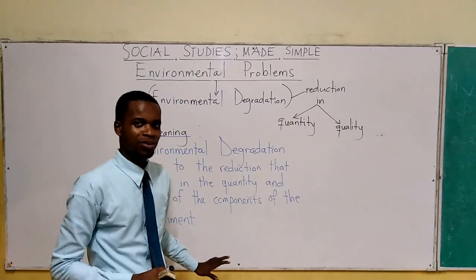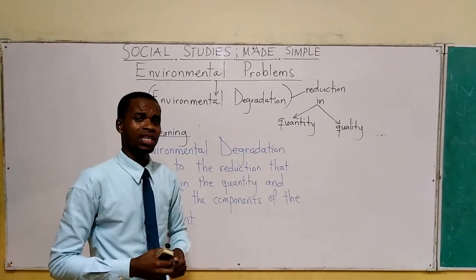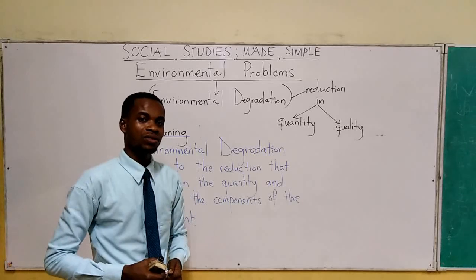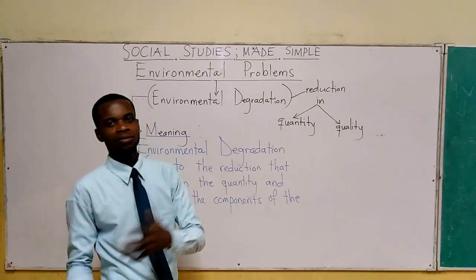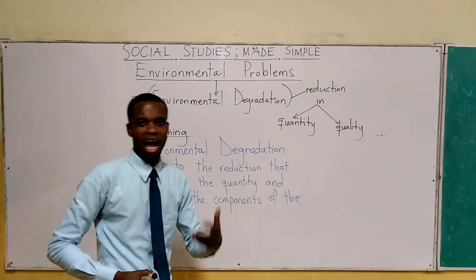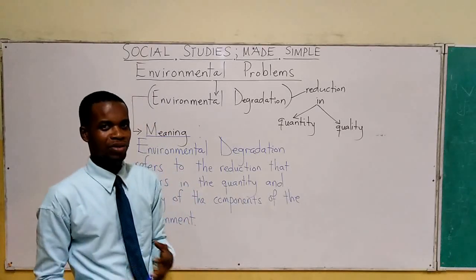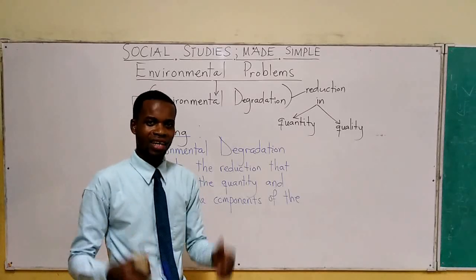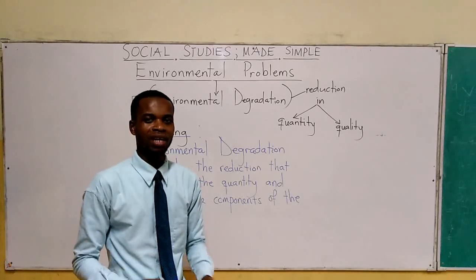You bring your full stop, then you construct another statement. The 3 forms of environmental degradation are air pollution, water pollution, and land degradation or land pollution.